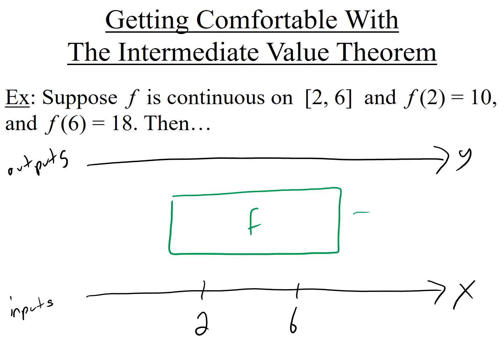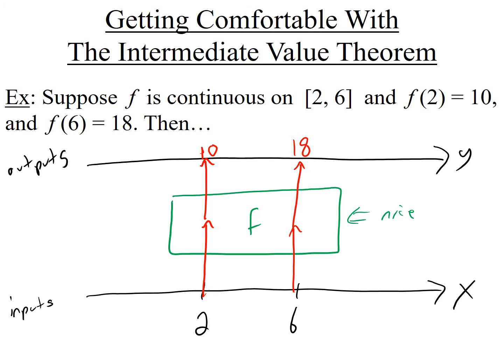It means you can draw it the whole time from 2 to 6 without taking your pen off the paper. I'm not going to draw the function here. I just want to think of inputs and outputs. So if you plug the number 2 into the function, you get out the number 10. If you plug the number 6 into the function, you get the number 18.